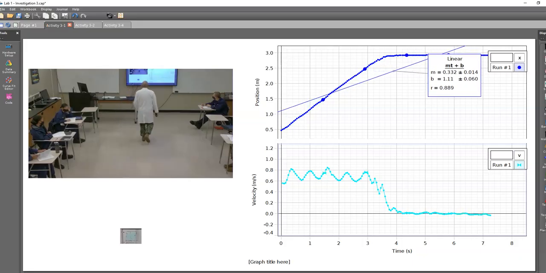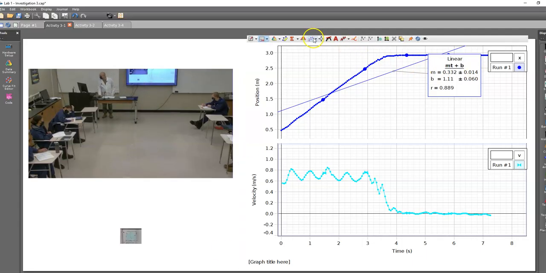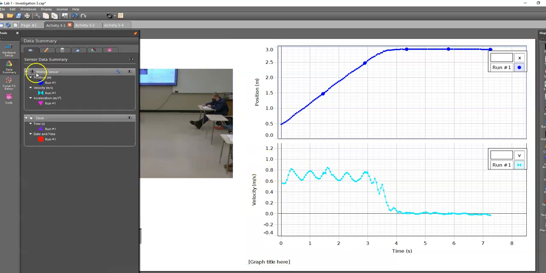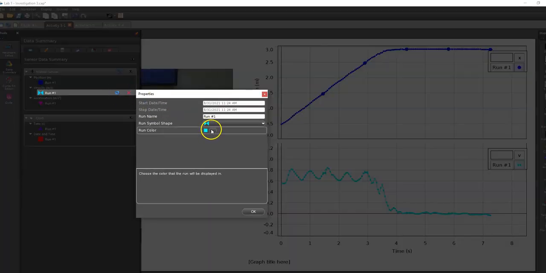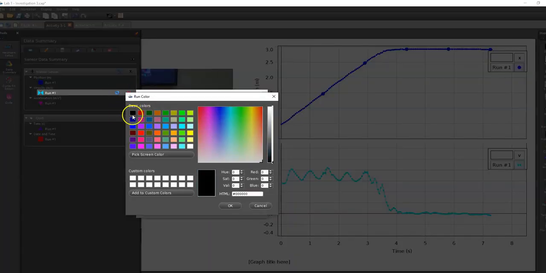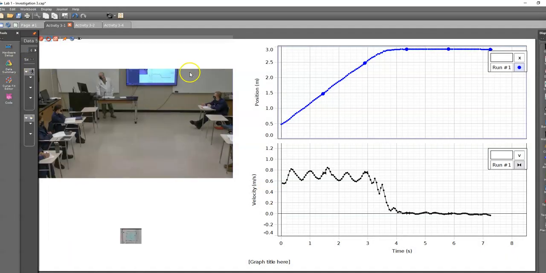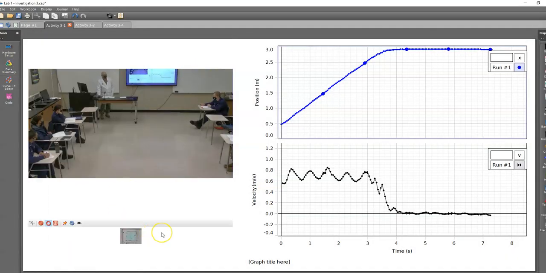This thing you see here, I'll show you how that works in a bit. So let me turn that off. Now let me change this velocity graph. The color on the velocity graph is kind of hard to see, isn't it? Especially for those of you in the back. So let's go ahead and just do that. That makes it a little easier to see. Okay? All good? All right.